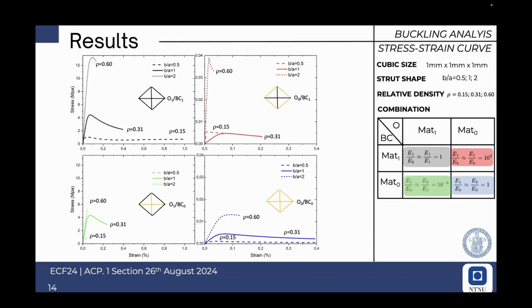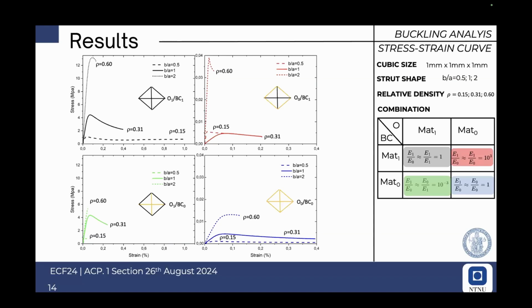The black means that the material is stiffer, so material 1, while the yellow means that the material is softer. Close to the curve, you have the relative density of the BCO, while the full line shows the circular cross-section, and the dotted line shows the elliptical cross-section.